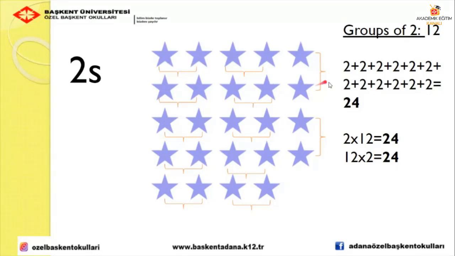So we can either slowly add all the number twos, 2 plus 2 plus 2, or we can multiply very quickly 2 times 12. 2 stars, 12 times, equals 24. We can also swap it and say 12 times 2 stars equals 24.